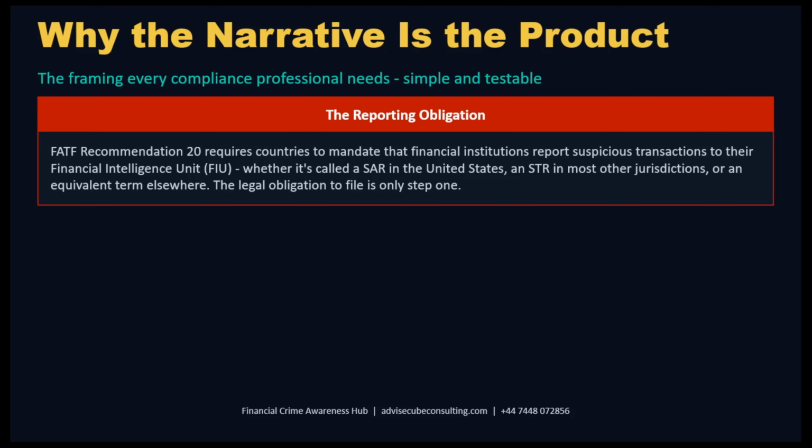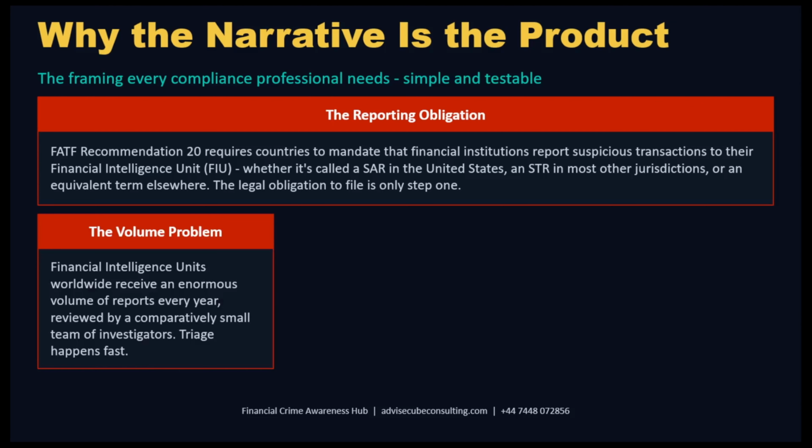In most jurisdictions we use the term STR. In the US they call it SAR. So the first thing is the legal obligation that you have to file one. Here's the reality: in compliance training, maybe sometimes we don't discuss too many deep details. Here the objective is to go as deep as possible into how to write an STR.